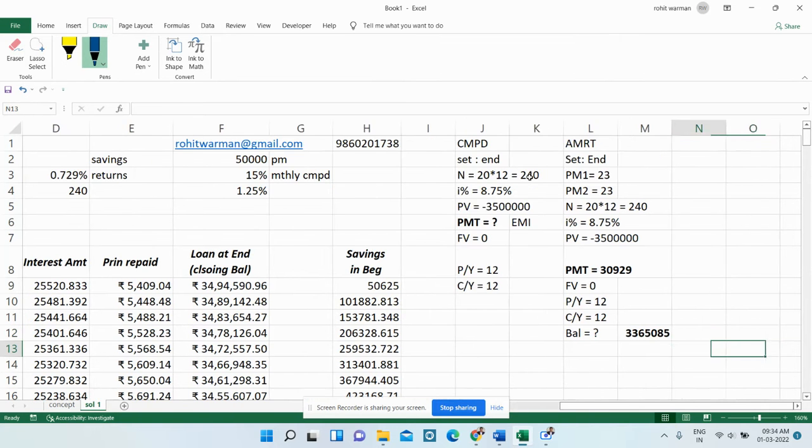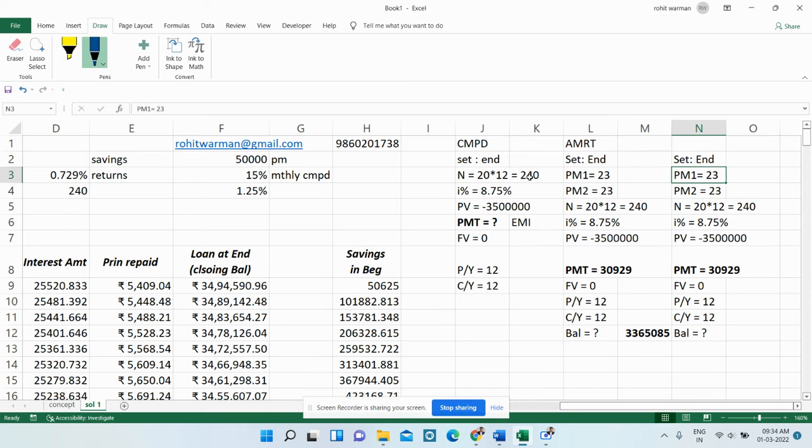This is what we have done for the 23rd month. Same way, we'll see for the 47th, the second trial. No need to do anything, just press escape, and in PM1, PM2, you write 47 and 47.